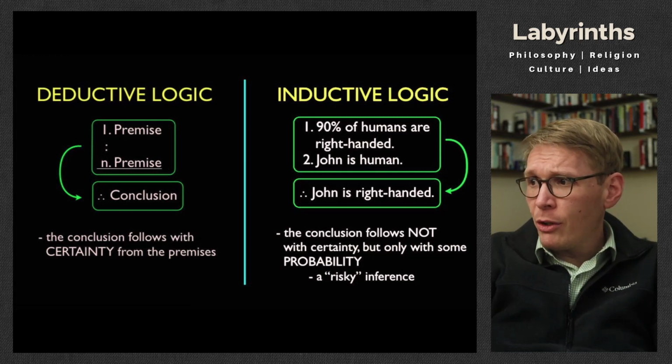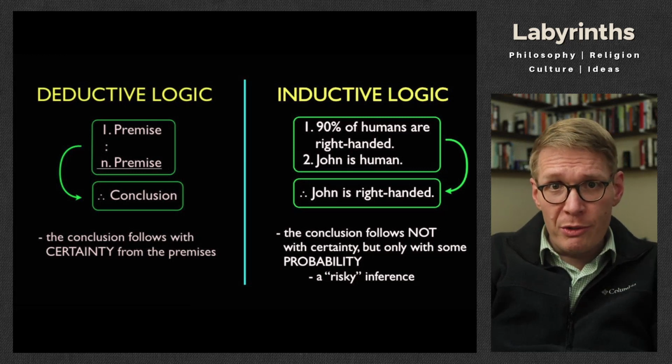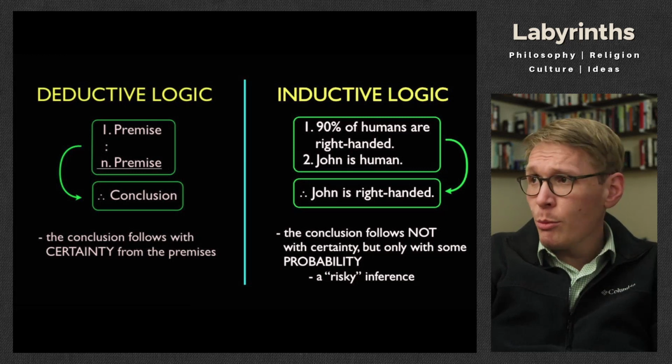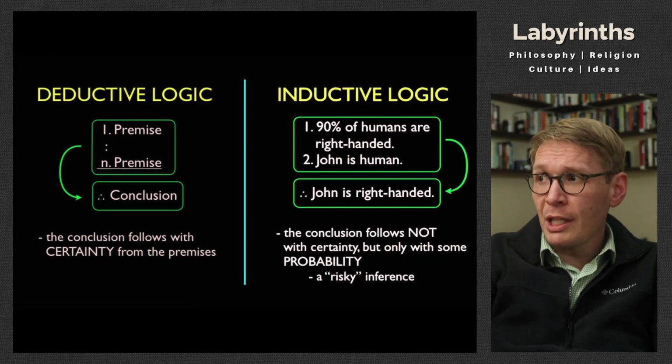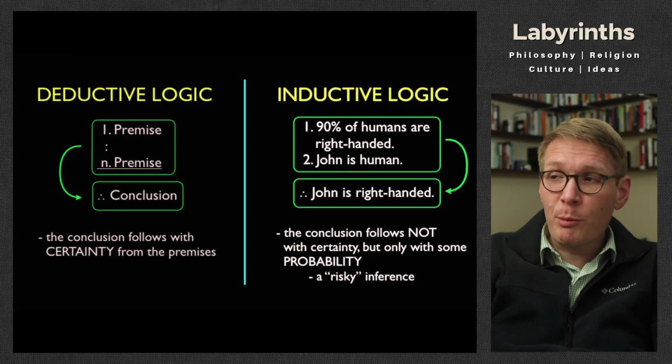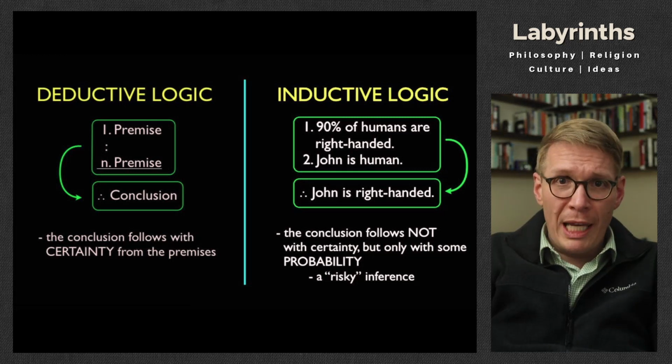Induction, however, is probabilistic, right? It is a more, quote, risky inference, as the creator of this image puts it. For example, I might move from the observation that 90% of humans are right-handed, and the observation that John, in this case, is a human being, and conclude that it is, say, 90% probable that John is right-handed, right?